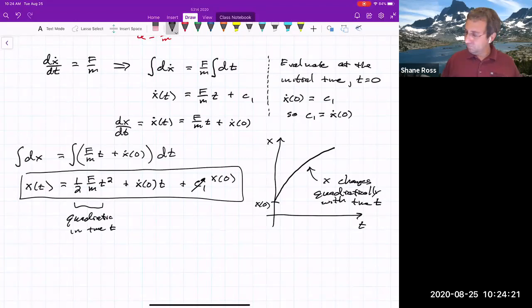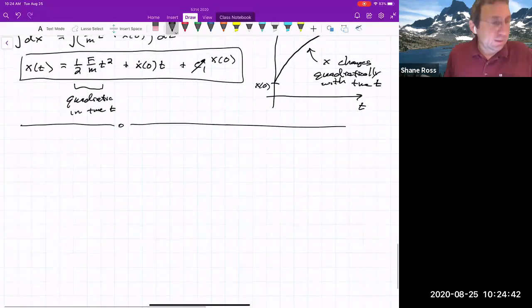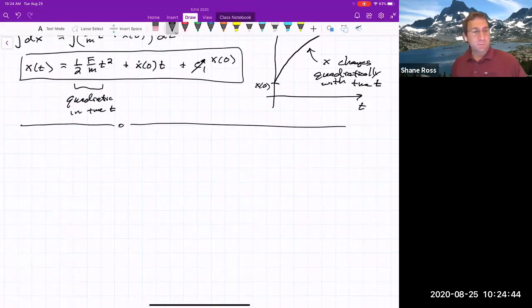Talking about forces. Okay, so we looked at the constant force. Now, kind of the next one would be a velocity dependent force. And the simplest type would be something that's linear in the velocity.